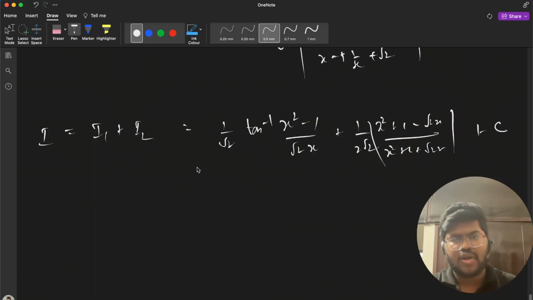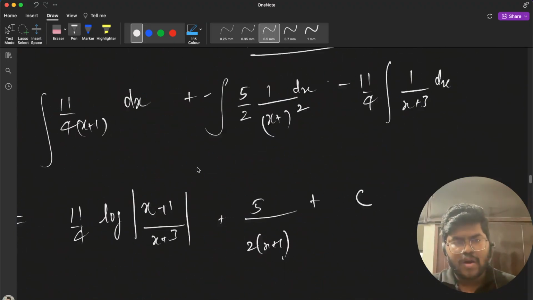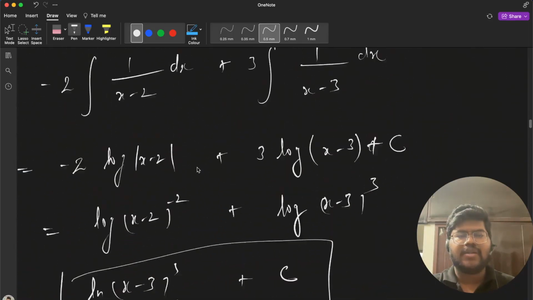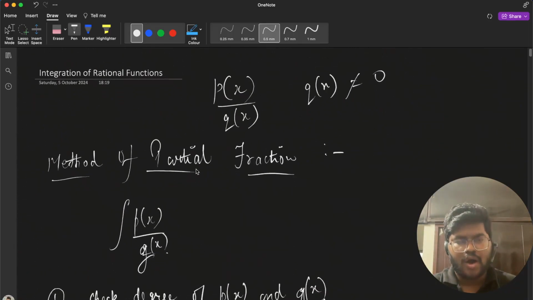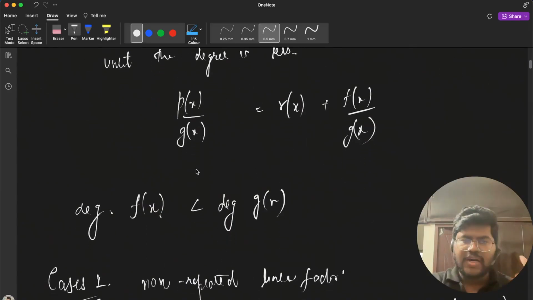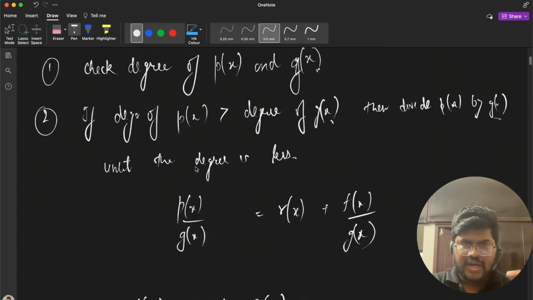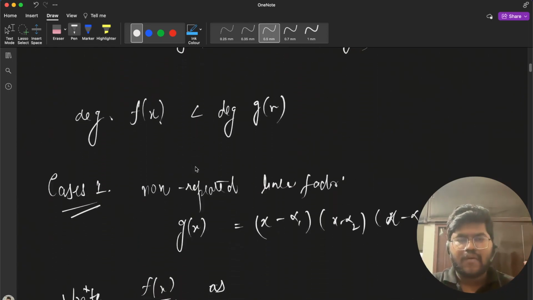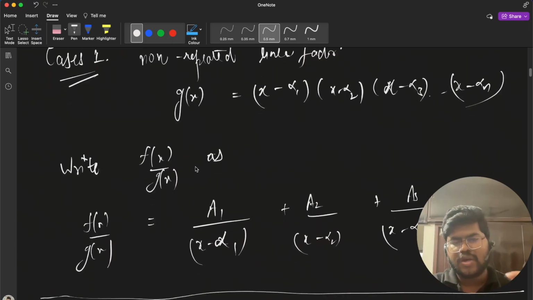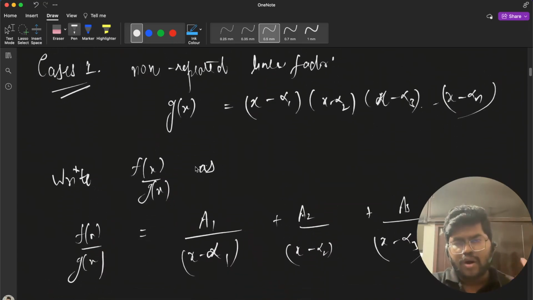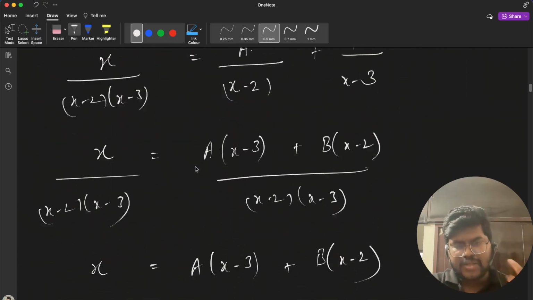So let us recall first what we have done so far. We have seen the concept of partial fractions and how to make them. If the degree of g(x) is not less than the degree of p(x), then we have to divide it until the degree of the numerator becomes less than the degree of the denominator. Then case 1 is non-repeated linear factors, which we write as partial fractions.